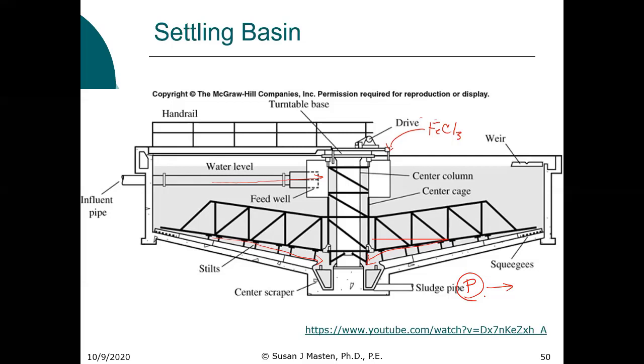Typically these have a sloped floor, and then typically you're not pumping continuously. You monitor the amount of sludge buildup, and then the sludge pump is turned on, and then you're pumping sludge into the next process.